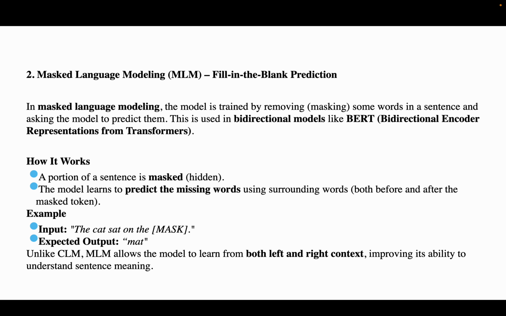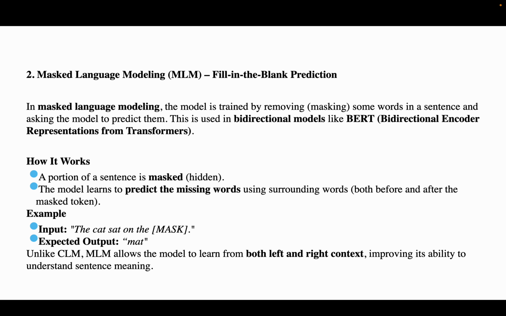This is used in bidirectional models like BERT, that is Bidirectional Encoder Representations from Transformers. How it works? A portion of a sentence is masked, that is hidden. The model learns to predict the missing words using surrounding words, both before and after the masked token. That's why it's called bidirectional.